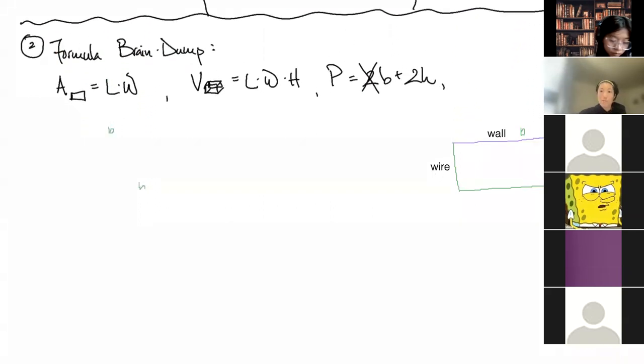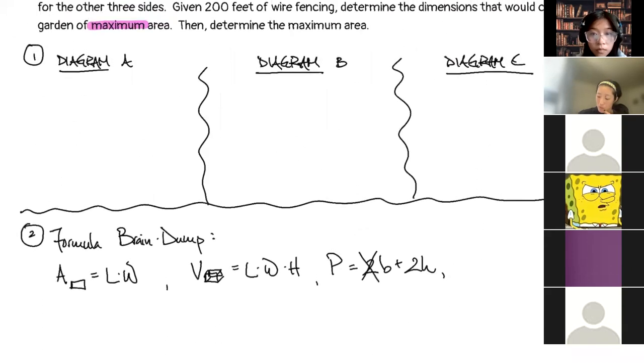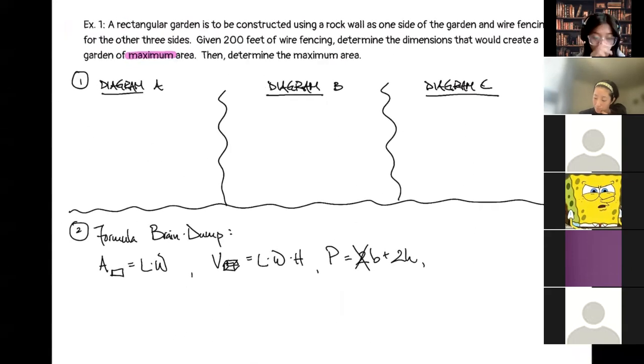With our formula brain dump, one thing I would encourage you to do in this step is write down any and all formulas that you think might be useful. Then you can go back in and think about which ones might be helpful and which ones might not be. Maybe we can go back to the word problem for a second.